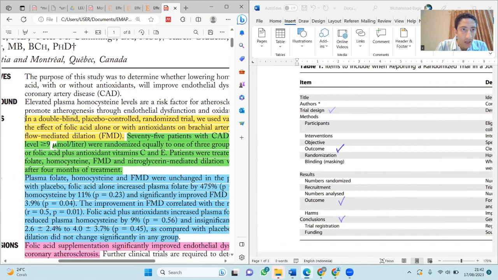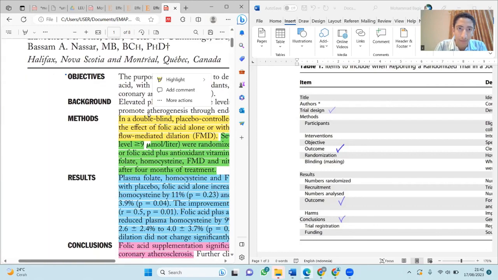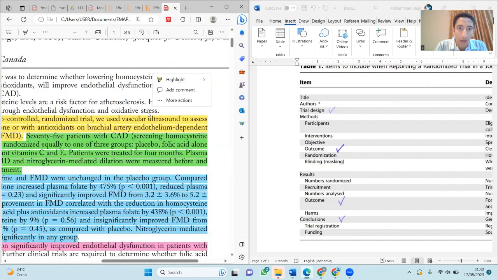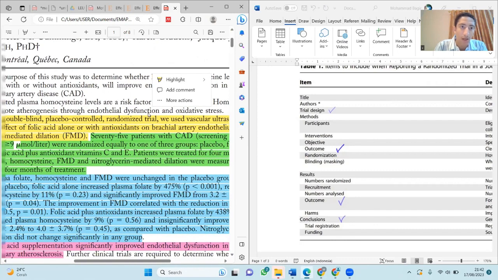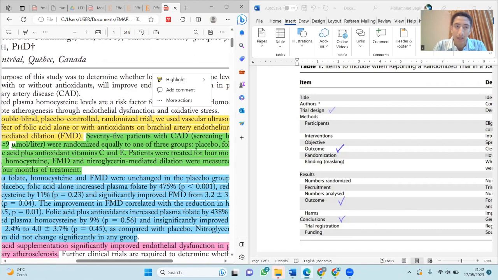this one: a double-blind placebo-controlled randomized trial. We use vascular ultrasound to assess the effect of folic acid alone or with antioxidants. Why is this the trial design? Because we can find a randomized trial.